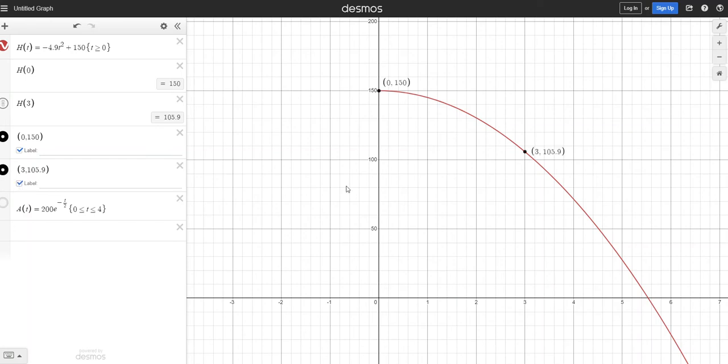Plot and label that point. And so if I subtract the height at the beginning and the height at the end, that will tell me how far, the distance this object has fallen. I'm actually going to get a directed distance, and because this is falling downward, I'm going to subtract in the direction 105.9, subtract 150, so that I actually get a negative distance, indicating the downward direction.